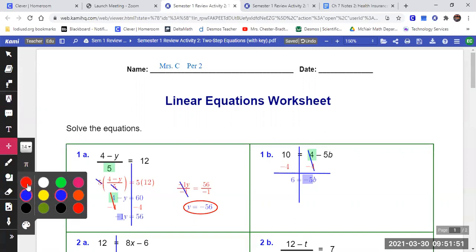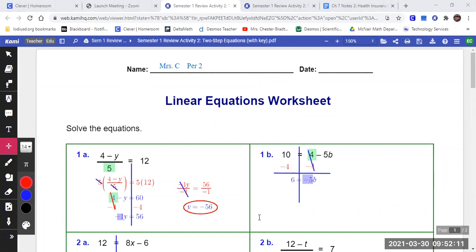So what are we going to do? Divide both sides by negative 5, exactly.